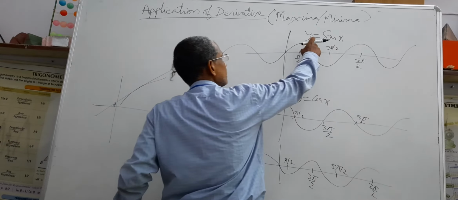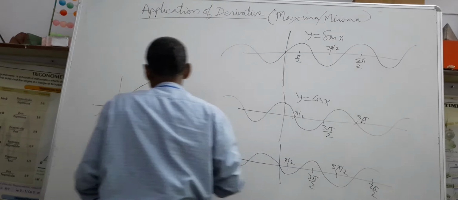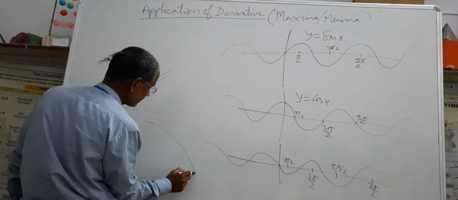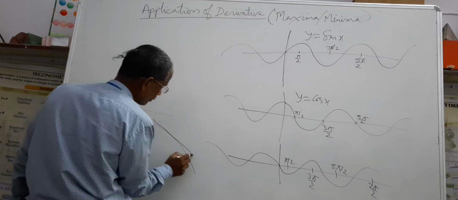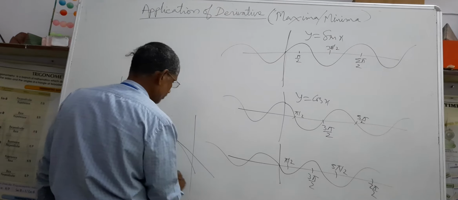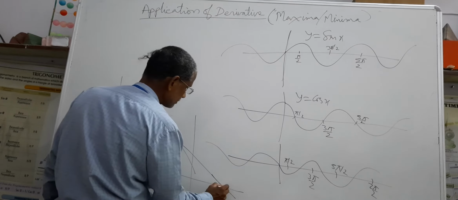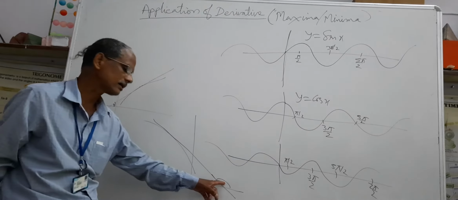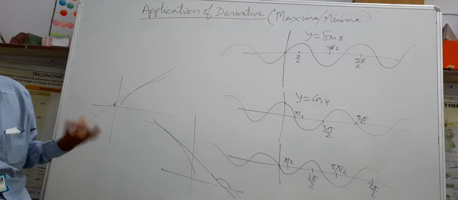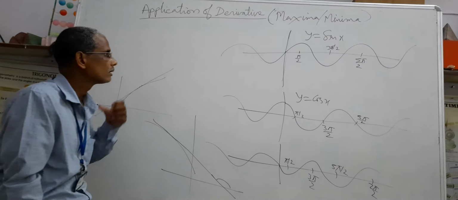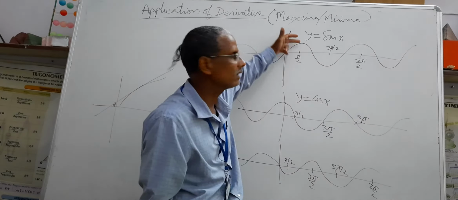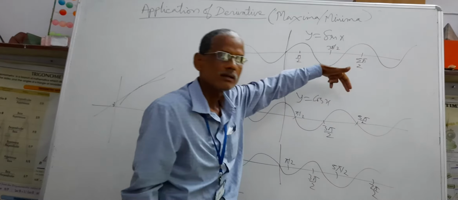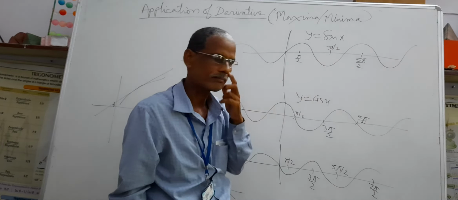And here function is decreasing. When function starts decreasing, then tangent at any point makes obtuse angle with x-axis. That is tan theta is negative, dy dx is also negative. That is, if dy dx is positive, function will be increasing. If dy dx is negative, then function starts decreasing.